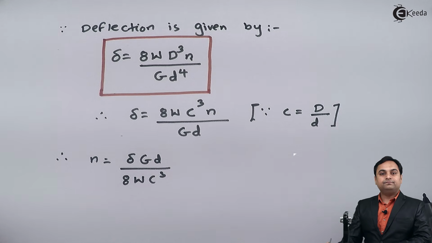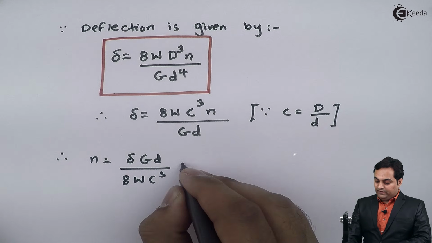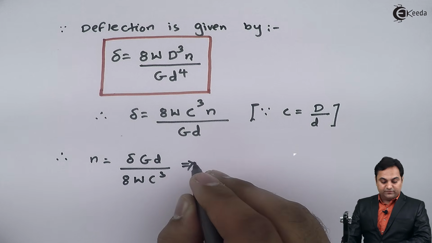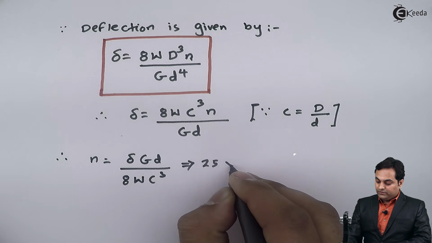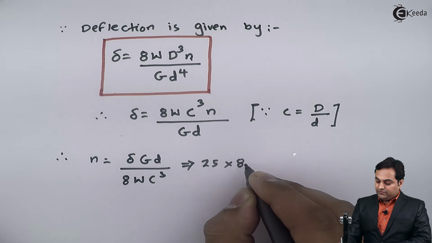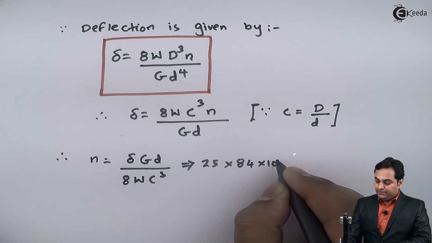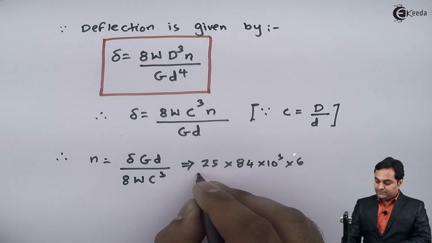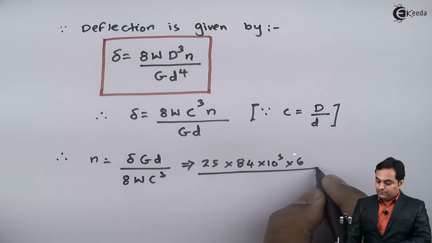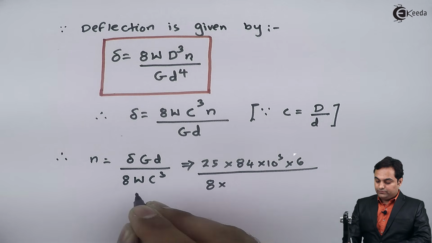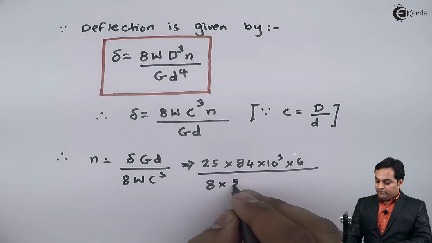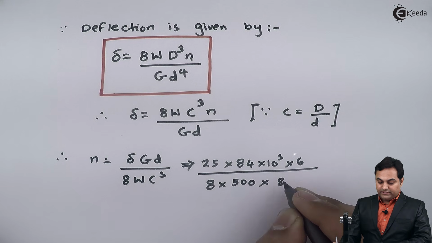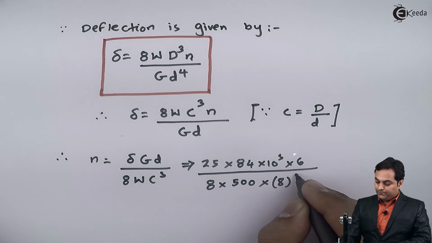8WC cube. So putting the values here, deflection was given in the problem as 25, G was 84 into 10 raised to 3, small d we have calculated as 6, upon 8 into W 500, C was 8 cube.